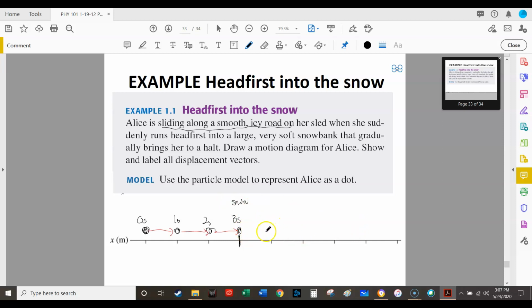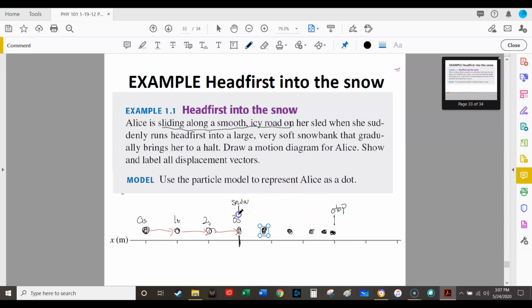After she hits the snowbank, her position is going to be a little bit shy of that amount, and then a little bit shorter, and a little bit shorter again, and finally stopped. She comes to a stop right here.